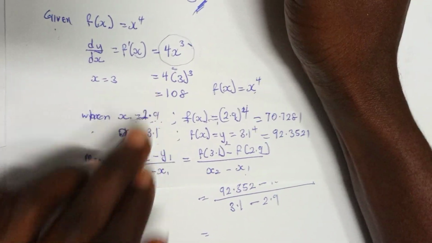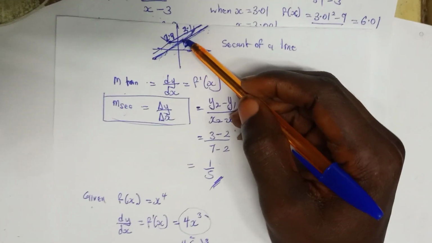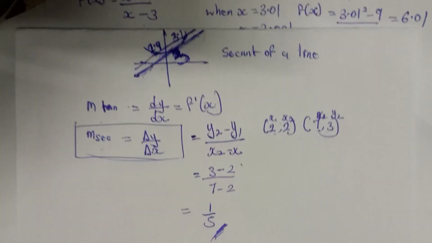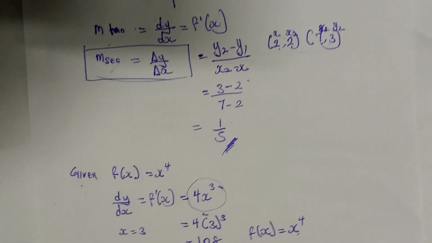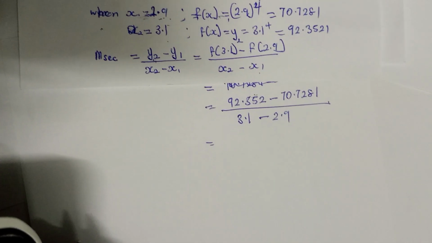So we can also use the gradient of the secant to get the values of the slope of the tangent. Okay, so that's what we are doing. Let me get the values.